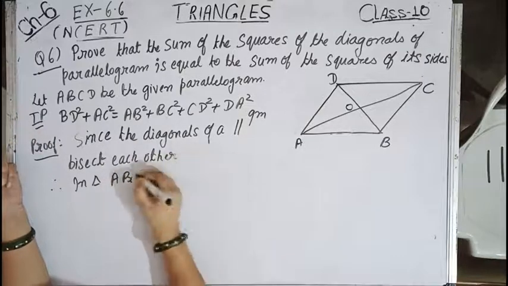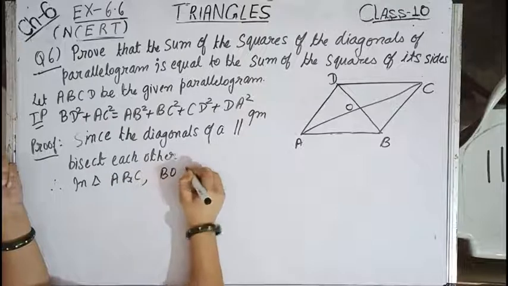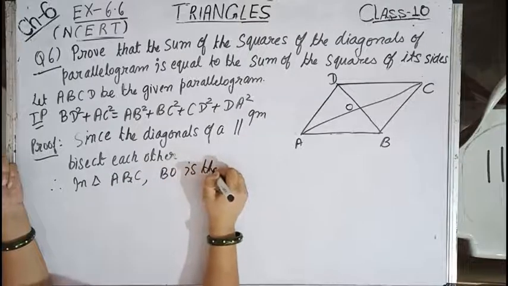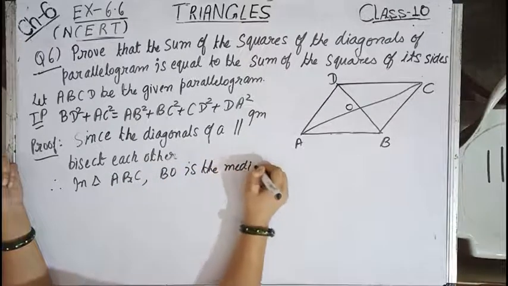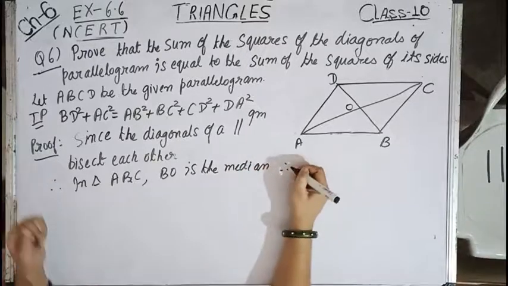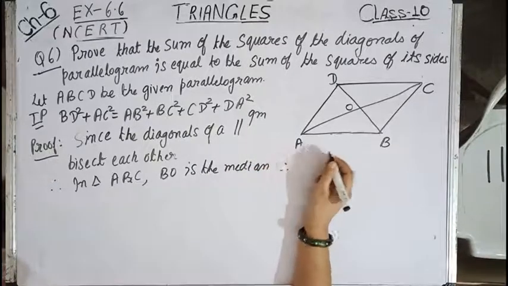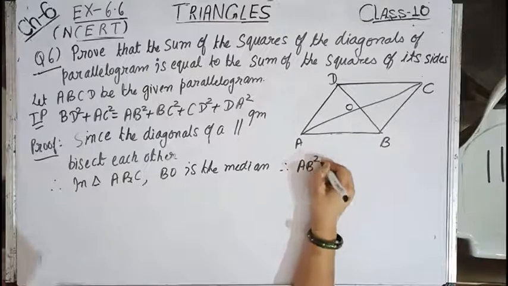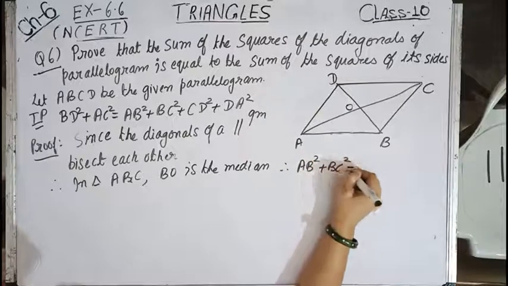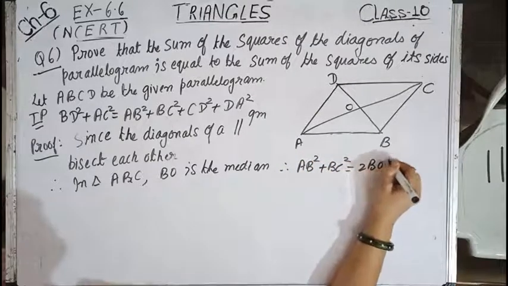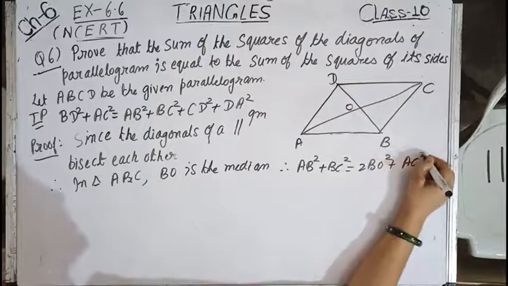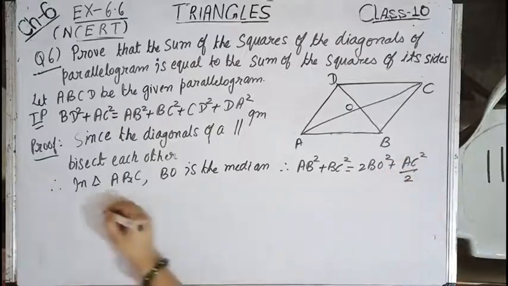So in triangle ABC, BO is the median, therefore we can write AB square plus BC square equals twice BO square plus third side square by 2.